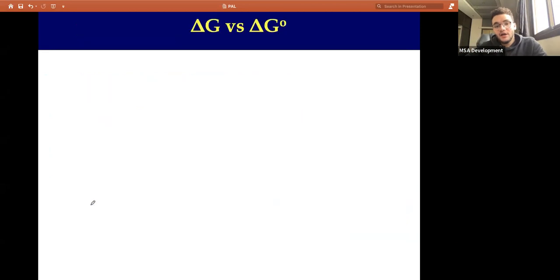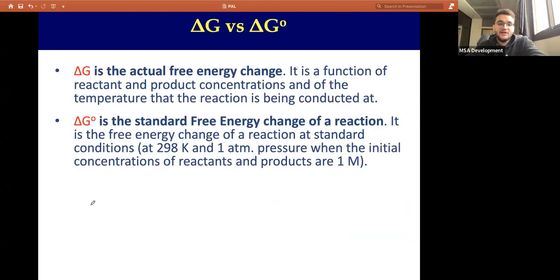All right. So as we said, we have what we call the delta G and the delta G naught. If you want to measure delta G, you want to take into consideration the function of reactant and product concentrations and of the temperature.